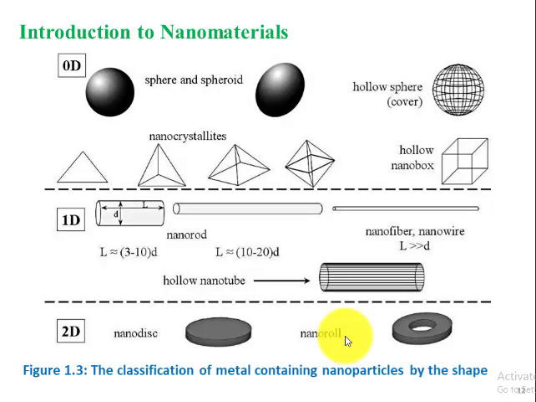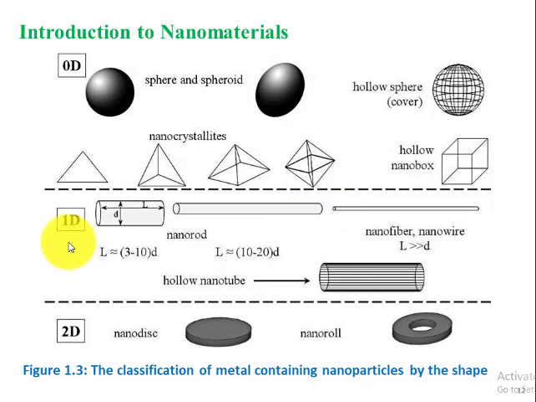Figure 1.3 represents some examples of metal-containing nanoparticles whose shapes are given here. First of all, zero-dimensional nanomaterials can be spheres, spheroids, hollow spheres, nanocrystallites, or hollow nanobox shaped materials.